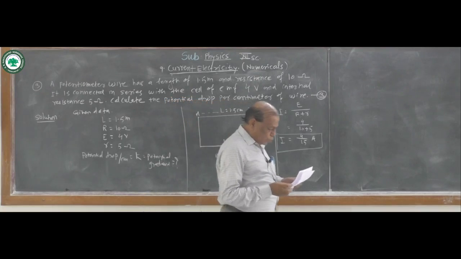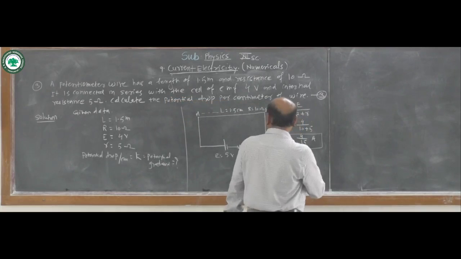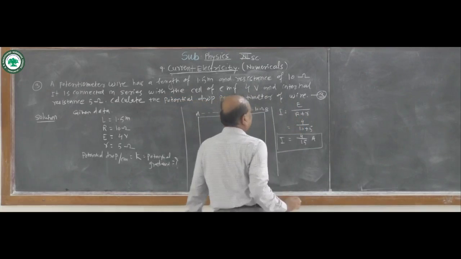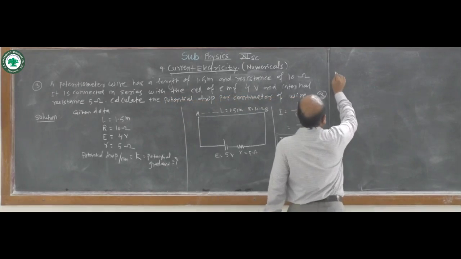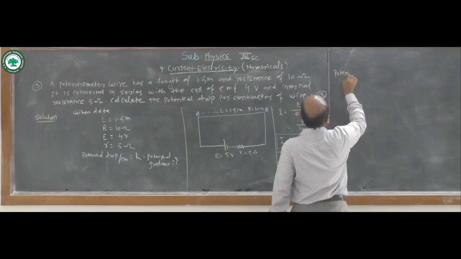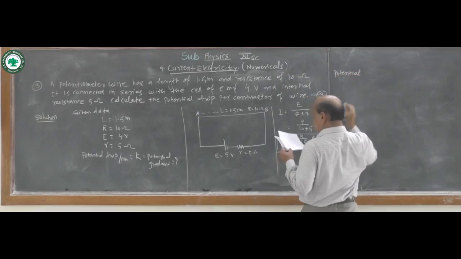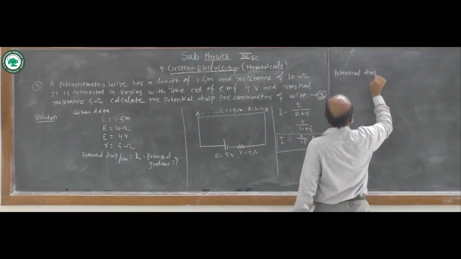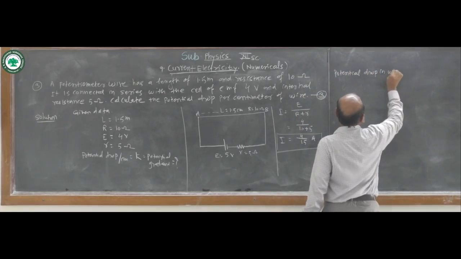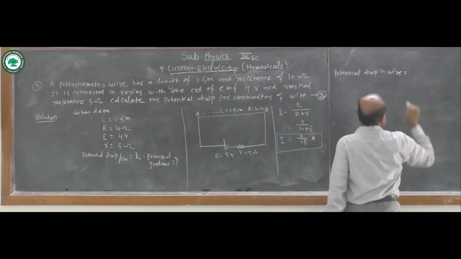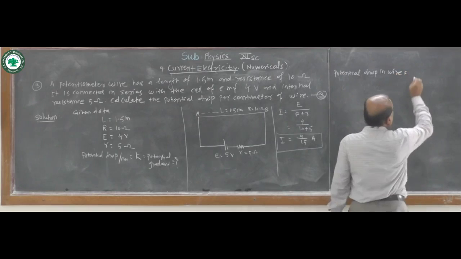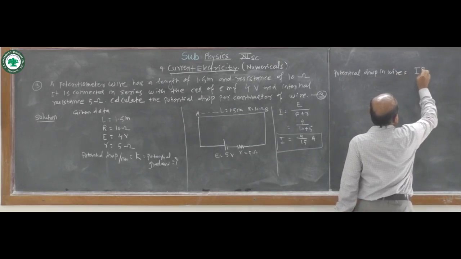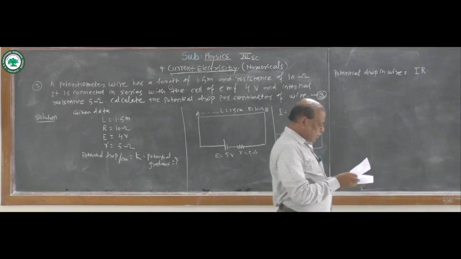Now the potential drop in wire, phi is equal to IR.